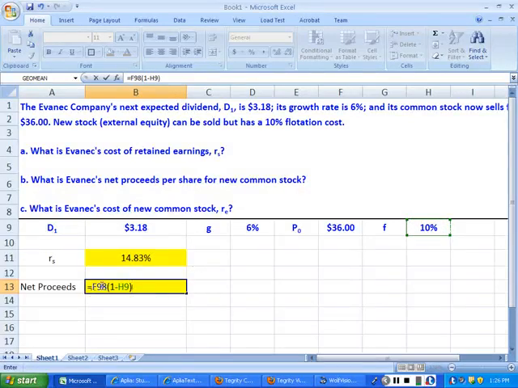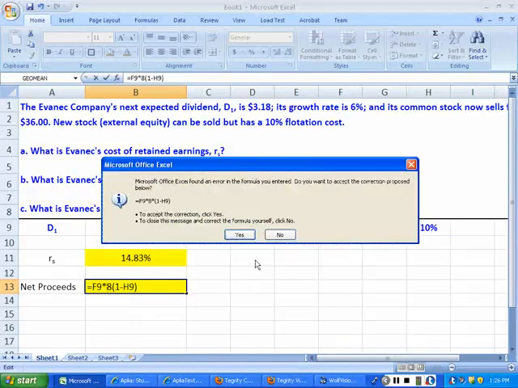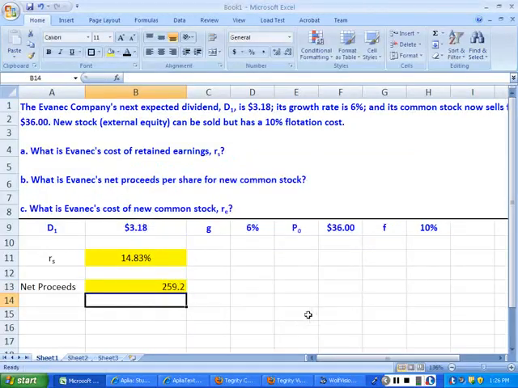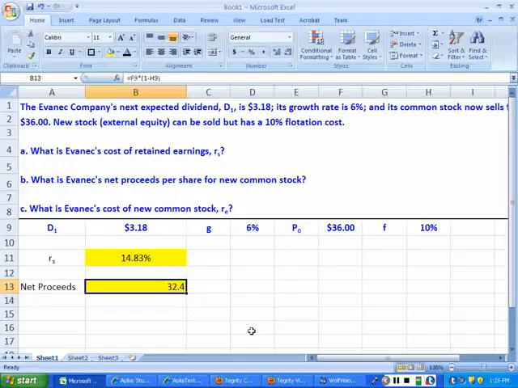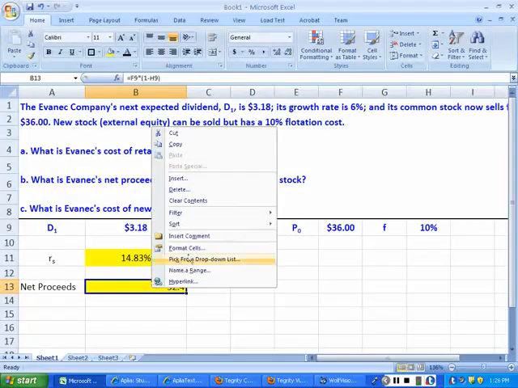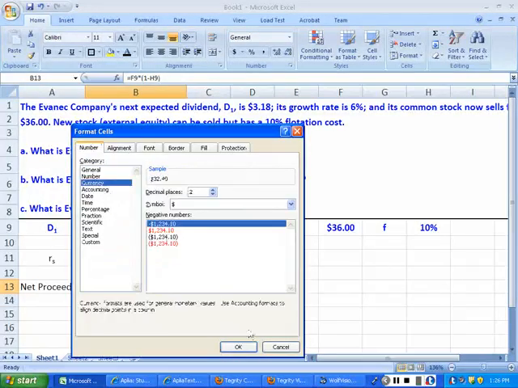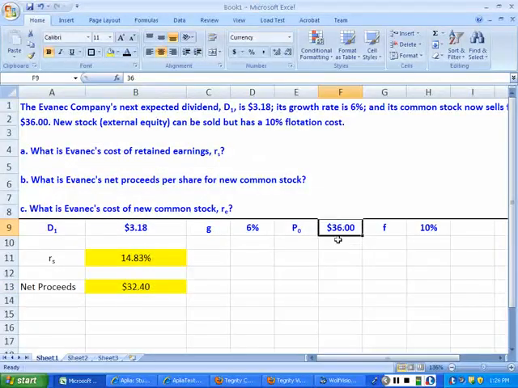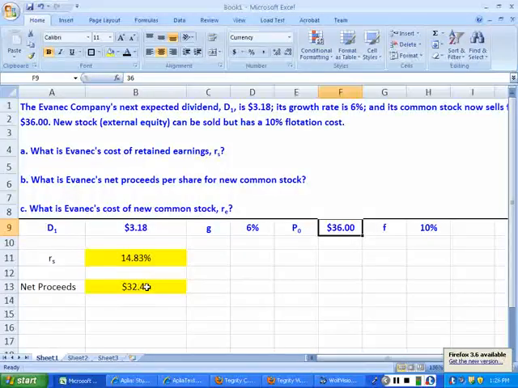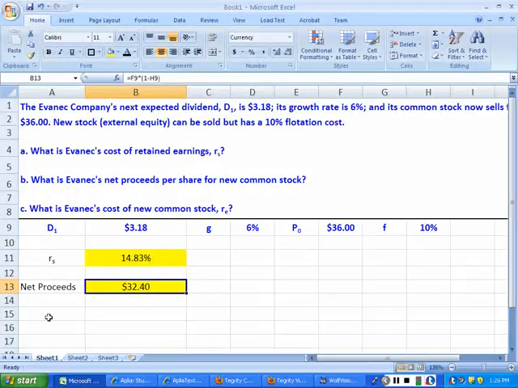And we have a value of $32.40, and we'll reformat that to show it in currency format. So although you're selling it for $36, $3.60 is going to be paid to the investment banker, and you're just left with net proceeds of $32.40.